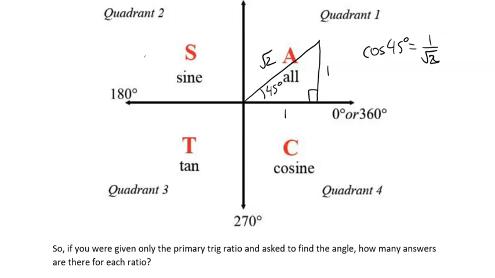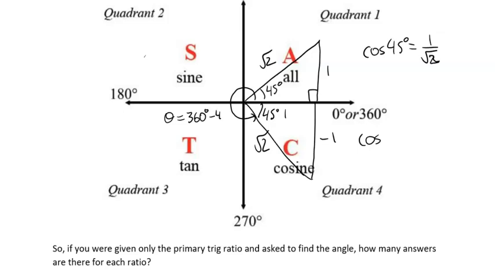For cosine, it's also positive in quadrant 4, and so this would give me a negative 1 as the y value, the x value is still 1, and the r value is still root 2. And so if this related acute angle is 45, then that means the principal angle all the way around, this theta angle, is going to be 360 minus 45.